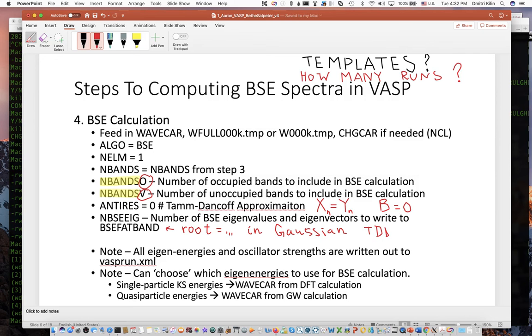But I have an example of the output. Slides. Okay. And so where to look? If all you cared about was transition energies and oscillator strengths, those are mysteriously written out to the VASP run.xml file.